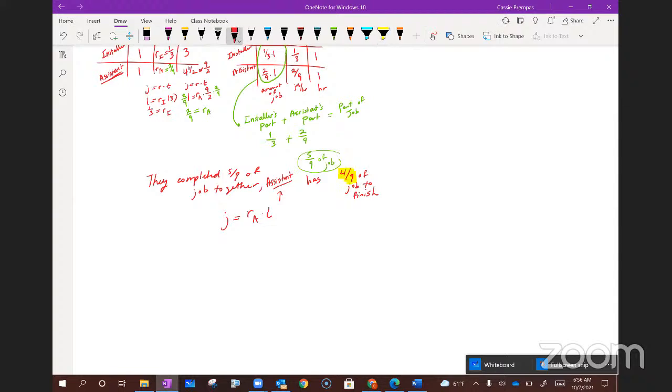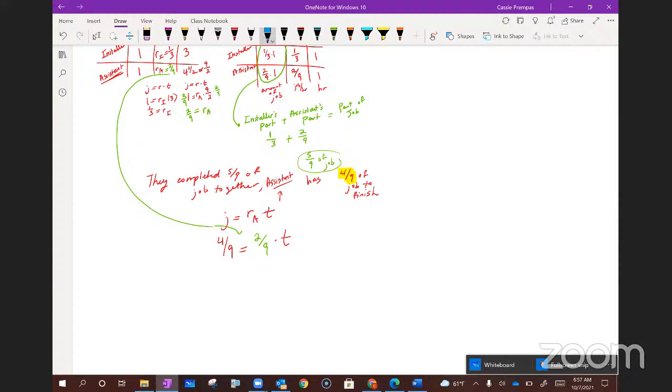So 4/9 of the job is going to equal, do I know the rate of the assistant? Well, yes, I do. That's 2/9 times T. J equals R times T. So that will tell me how long he has to finish.